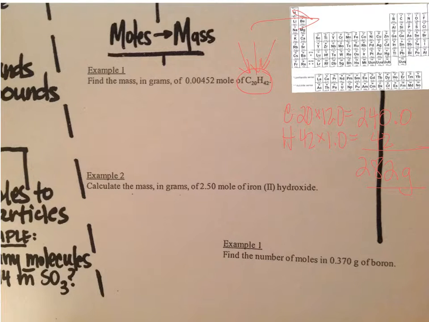So to start, it says find the mass in grams. So we are going to be finding mass in grams of 0.00452 moles of C20H42. So we have moles and we want to solve for grams.